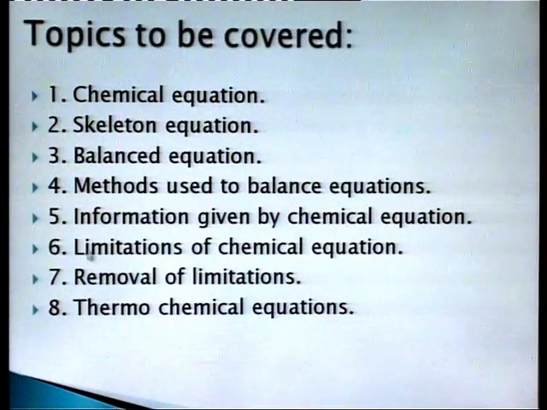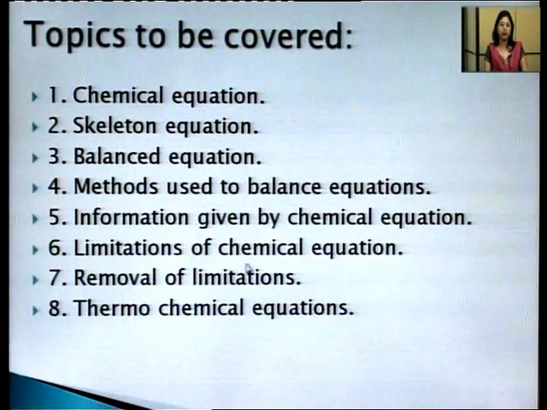In this topic, we will study methods like the hit and trial method and the partial equation method, and I will explain these methods by taking examples. In the next topic, we will study the information given by a chemical equation.